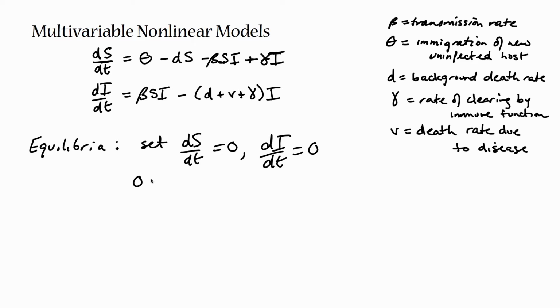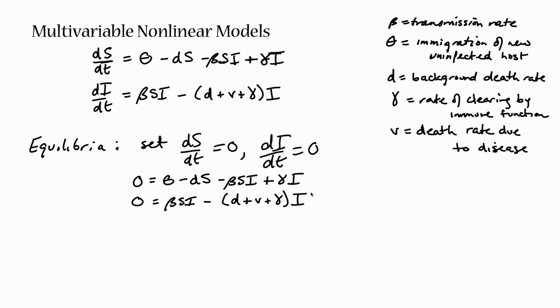So that means 0 is equal to theta minus dS minus beta S I plus gamma I, and 0 is also equal to beta S I minus all of these death rates times I. And since this is by definition the equilibrium, I'm going to put hats on all of the S's and I's. So this stuff will all equal 0 when we're at the equilibriums for S and for I. So this looks kind of gross. I'm going to call this equation 1 and this one equation 2 so we know what we're talking about in a minute.